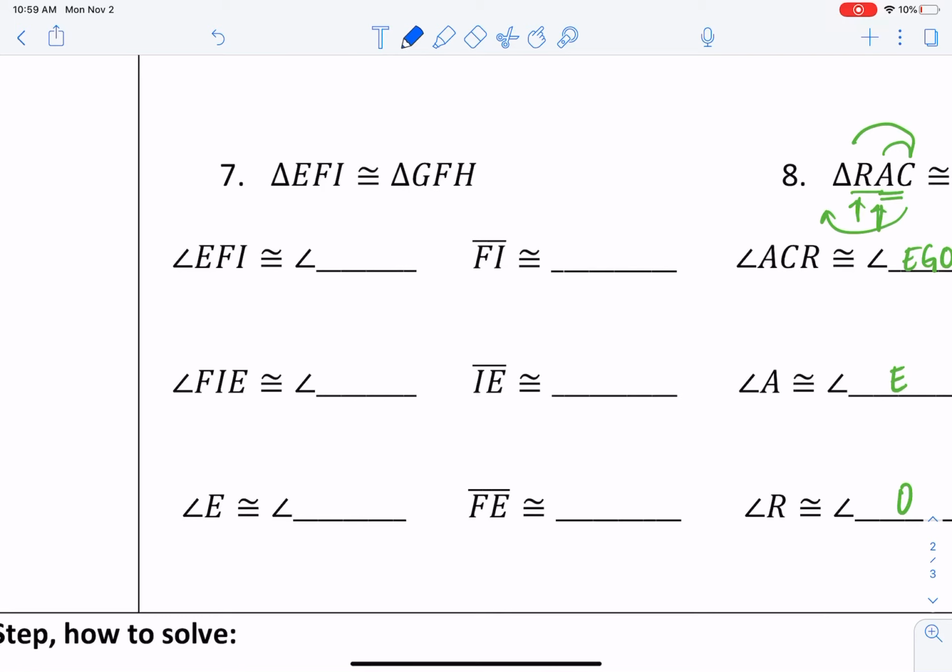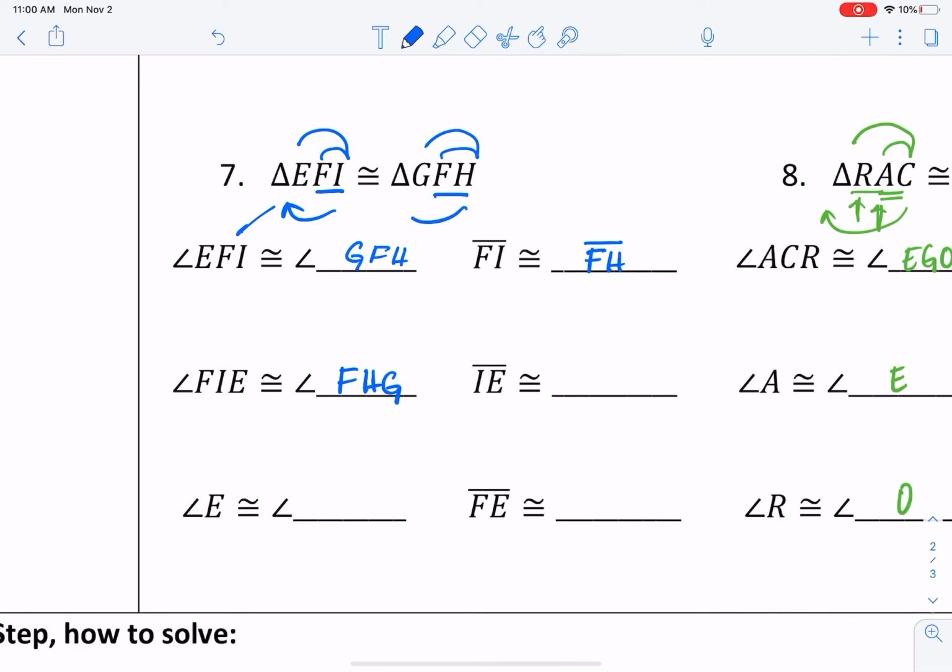For triangle EFI, notice that the letters are in the same order, so this is going to just be angle GFH. FI matches FH. FIE matches FHG. IE matches HG.